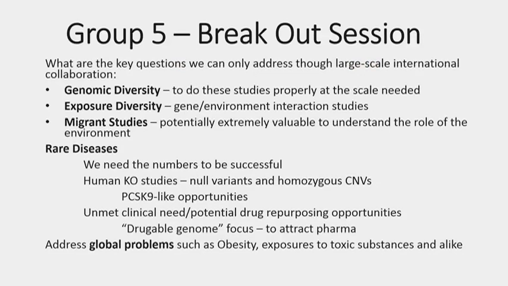Genomic diversity obviously is something we can all do to some extent, but certainly not at the scale that this type of a collaborative effort would do. And also exposure diversity for gene-environment interaction studies. You can think of this in terms of air pollution, toxin exposures, and other environmental differences that vary widely between different countries.